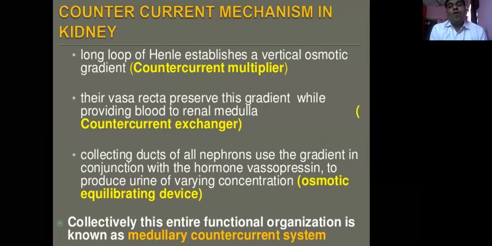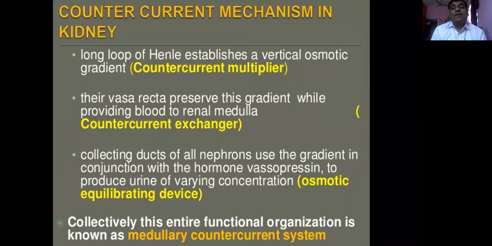The long loop of Henle establishes a vertical osmotic gradient where the countercurrent multiplier takes place. The vasa recta preserve this gradient while providing blood to the renal medulla. Means especially the exchange of countercurrents takes place. It is called the exchanger.